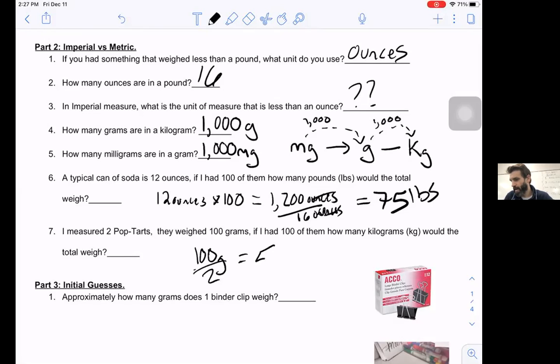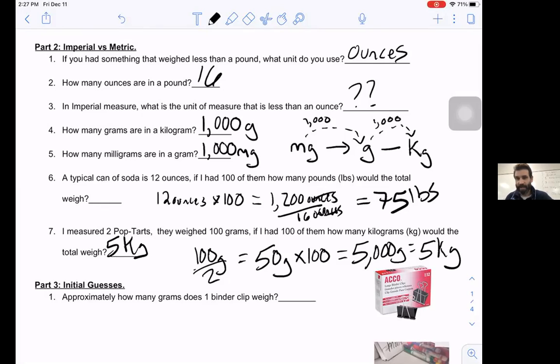So each one equals 50 grams. And if I had 100 of them, that would be what? 5,000 grams, which is equal to 5 kilograms, which is about 10, 11 pounds. So I'd have 11 pounds of Pop-Tarts. Ooh, that's delicious. This is 5 kilograms. That was like super easy. I could just do all that in my head.